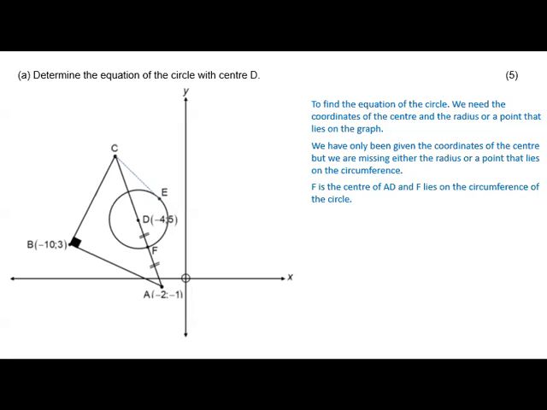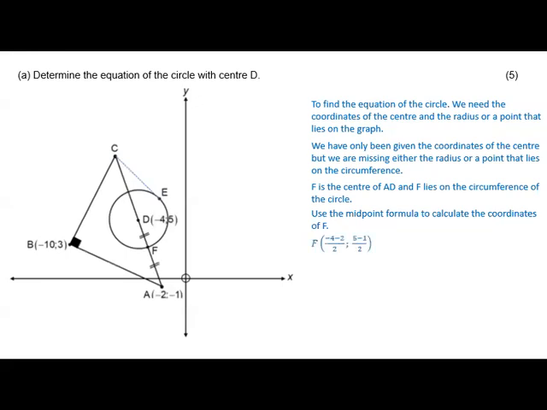We need to use the midpoint formula to calculate the coordinates of F by taking x of D, adding it with x of A, and dividing that by 2. That would be (-4 plus -2) divided by 2. And the y coordinate will be y of D plus y of A divided by 2, which will be (5 plus -1) divided by 2.